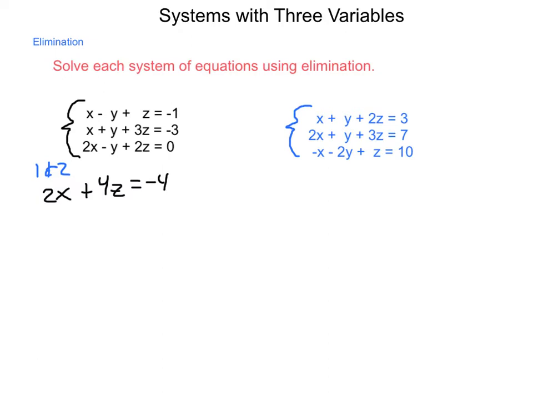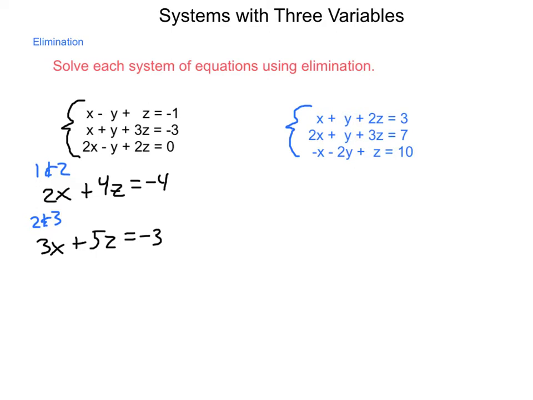Then, if I take equations 2 and 3 and add them together, I will come up with 3x plus 5z equals negative 3. So now I have everything down to two equations, or two variables. And from here, I'll be able to use the methods that we've practiced so far in order to get things solved down to one.